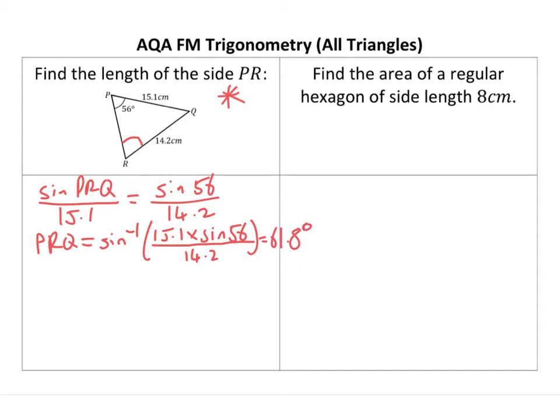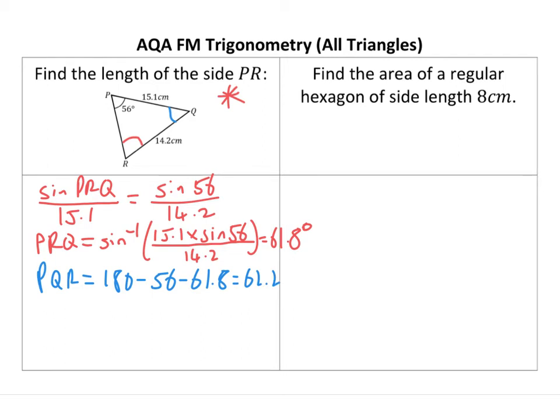That means that PQR is 180 minus the 56 that we already have, minus the 61.8 that we've just found, which gives me 62.2.